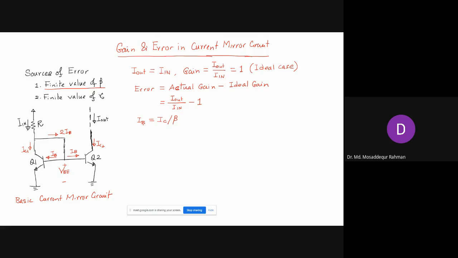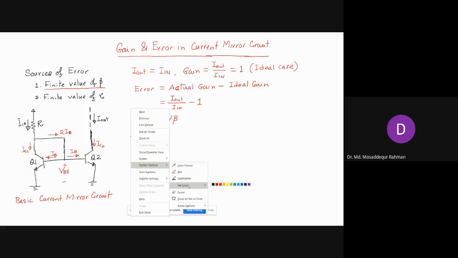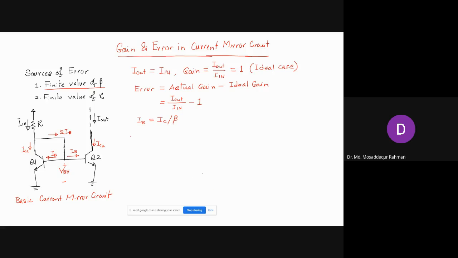If beta is infinite, then IB is zero, and I in is equal to IC. But beta is not infinite. We have a finite value of beta, so IB will not be zero. So there will be some non-zero current flowing here. So I in is basically the summation of this IC1 and 2IB, right? So that is how I in is different from IC, and our initial assumption was not completely correct, right? So there will be some difference, and there will be an error in the current mirror circuit.